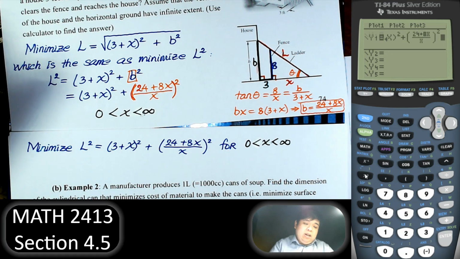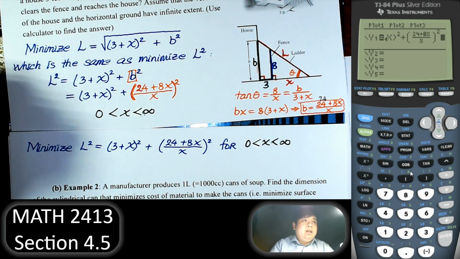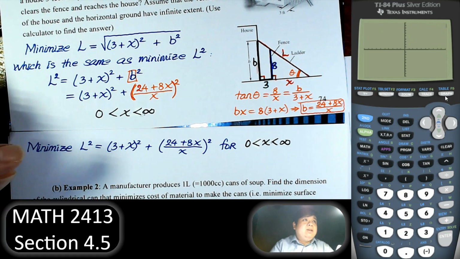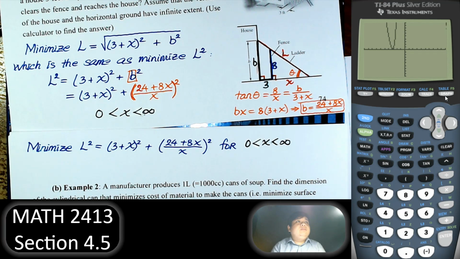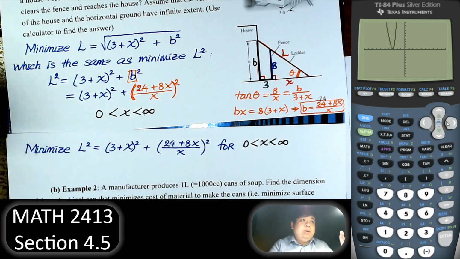And then we square that again, right? And then let's see the graph. We don't see it, right? Notice that in this case x is positive, so we can zoom out and see until we see the problem.